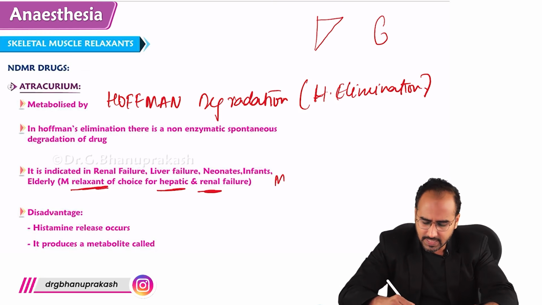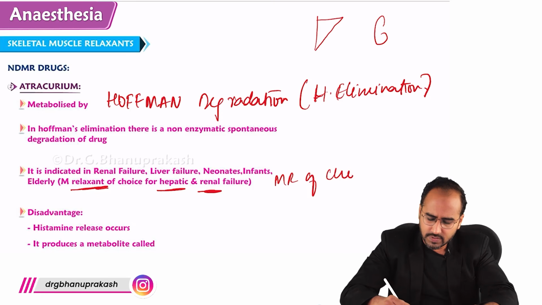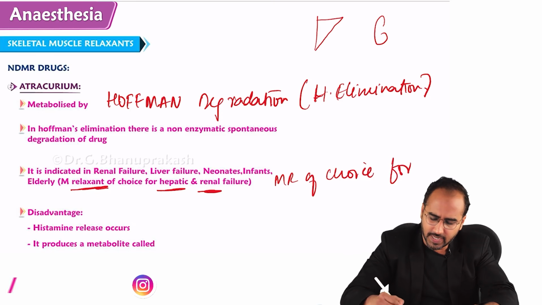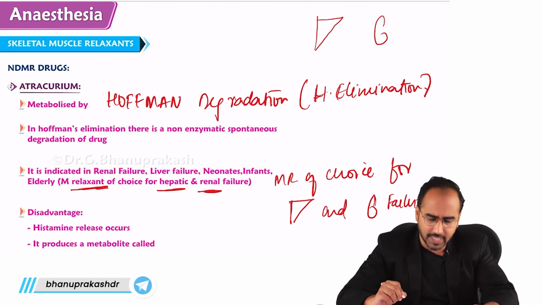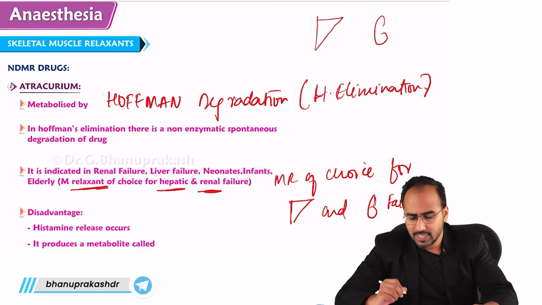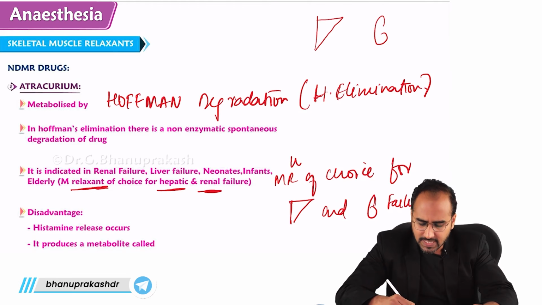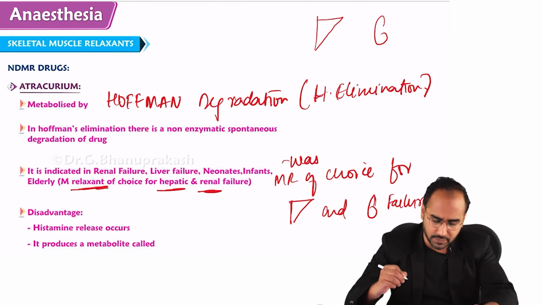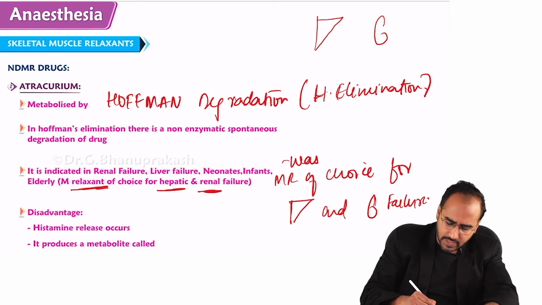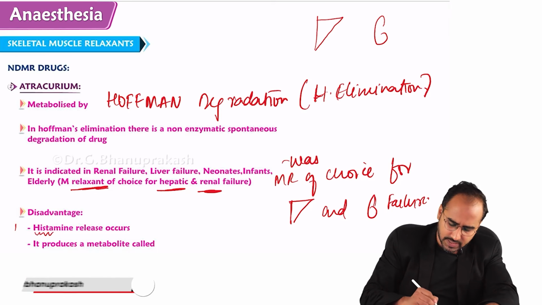It is a muscle relaxant of choice for what failure, guys? Hepatic and renal failure. But guys, remember, it was the muscle relaxant of choice. Now it is not. Why? Because of two side effects. What two side effects? First side effect, it causes histamine release.